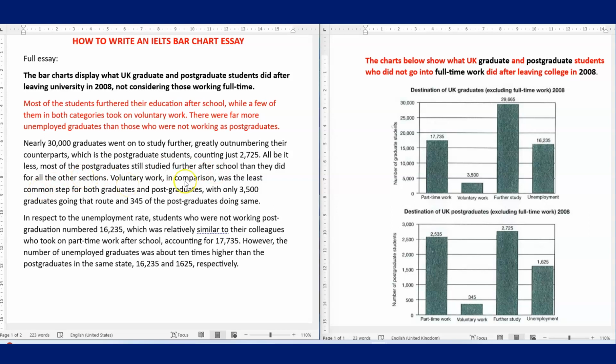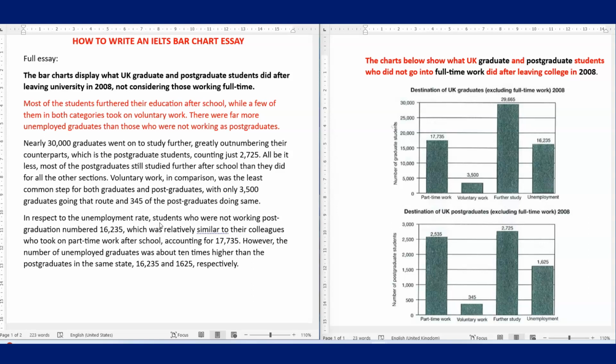Voluntary work, in comparison, was the least common step for both graduates and postgraduates, with only 3,500 graduates going that route and 450 of the postgraduates doing the same. In respect to the unemployment rate, students who were not working post graduation numbered 16,235, which was relatively similar to their colleagues who took on part-time work after school, accounting for 17,735.